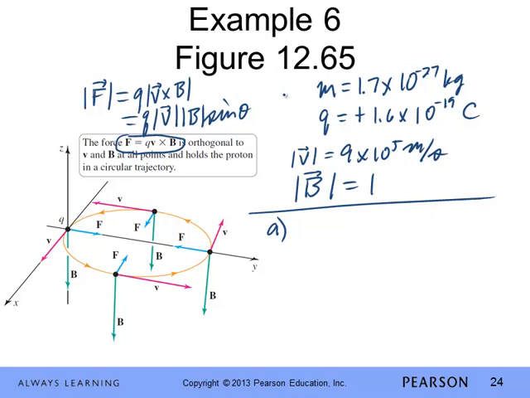Now, we know what Q is. Q is 1.6 times 10 to the negative 19th power. We'll leave off the units.